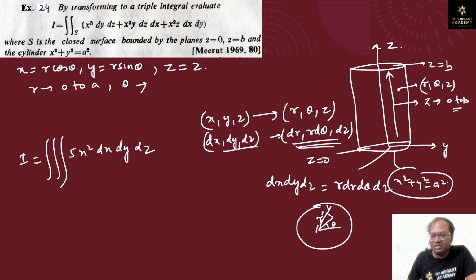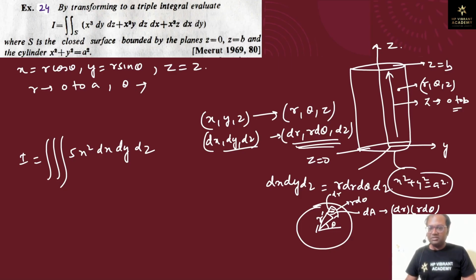The differential is dr here, and this is r d theta. So this is the area dA, nothing but dr into r d theta. For traversing this whole area, theta must vary from 0 to 2 pi.